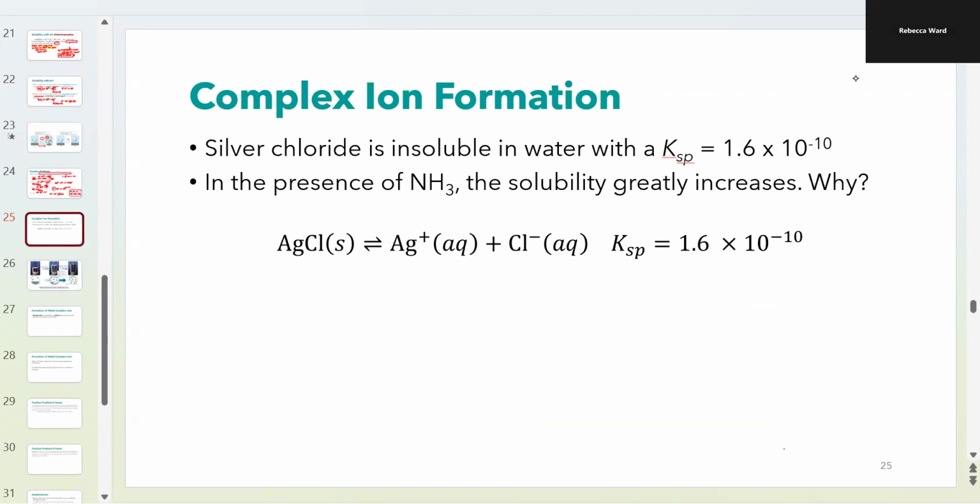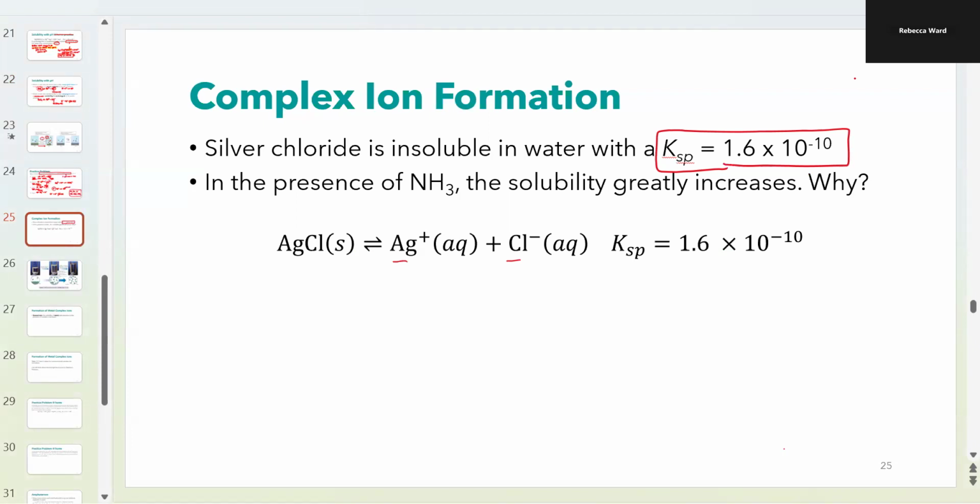We started by looking at silver chloride, which is insoluble. And keep in mind now that we can provide nuance to insoluble, it's not either or, it has a KSP. There is some Ag plus and Cl minus in solution, just a very tiny amount.